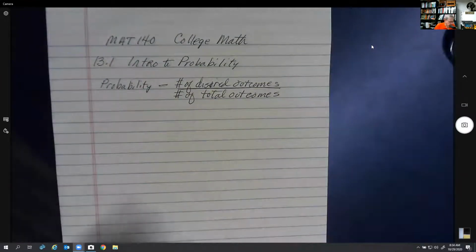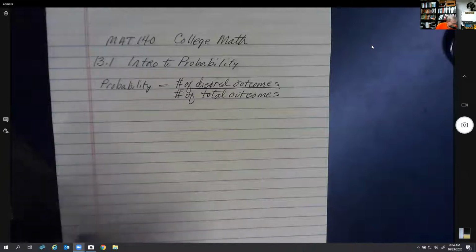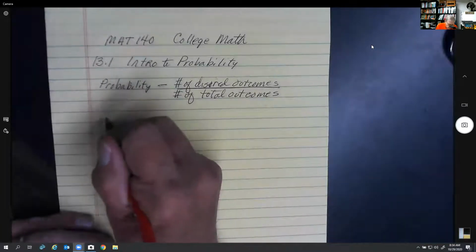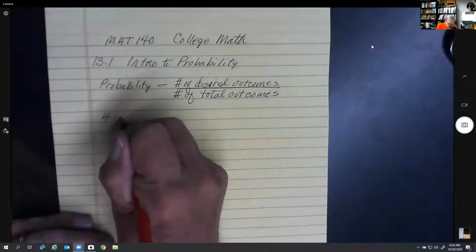So I'm going to start out with a little problem here. I'm flipping 4 coins. 4 coins are flipped.